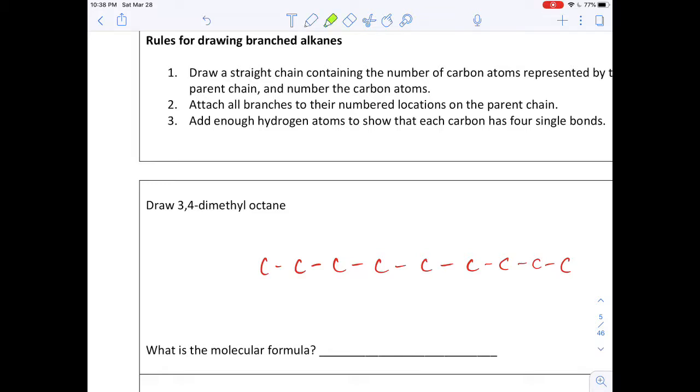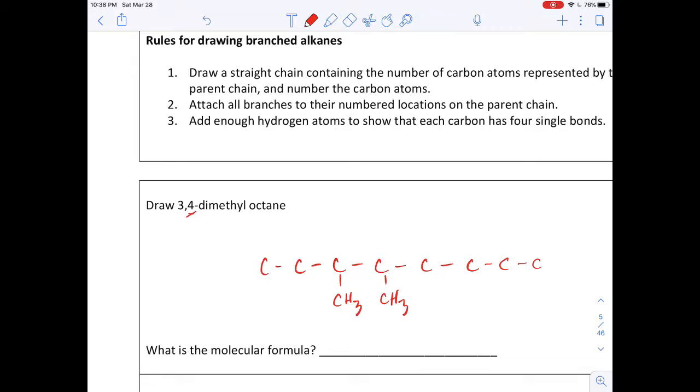Oh, I drew one too many. That one needs to go away. Then I'm going to have 2 methyl branches that come off the 3rd and the 4th carbon. In this case, I usually like to draw it left to right. So there'll be a methyl coming off the 3rd carbon, and another methyl coming off the 4th one.